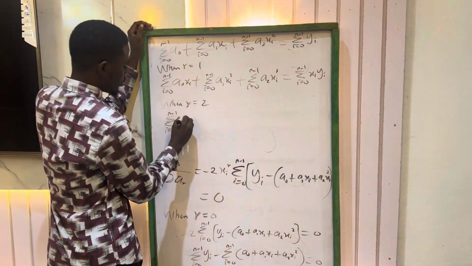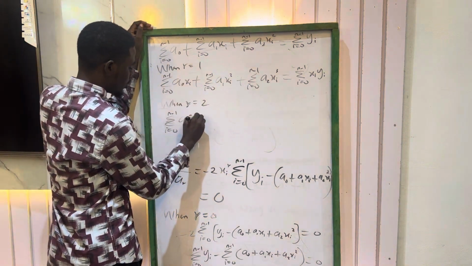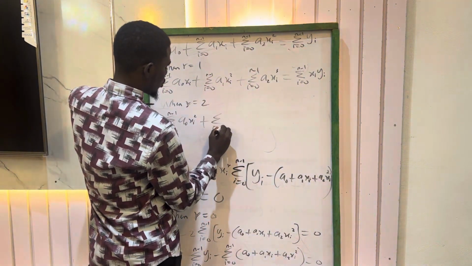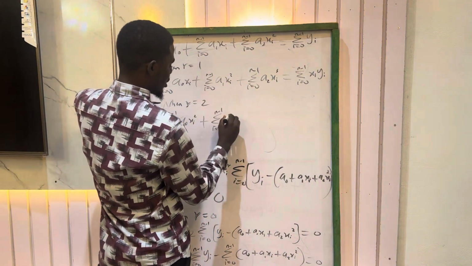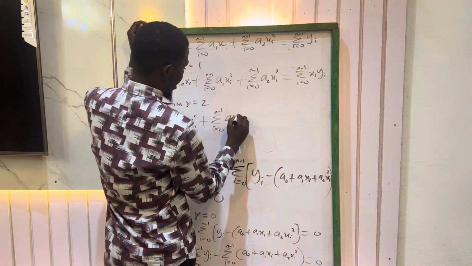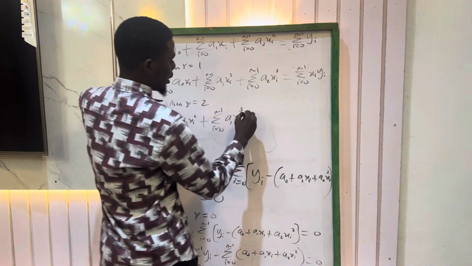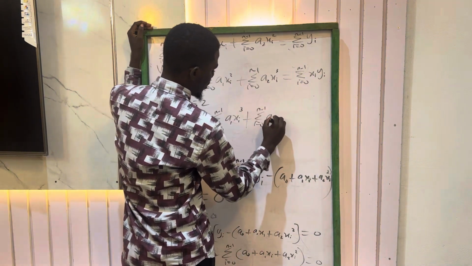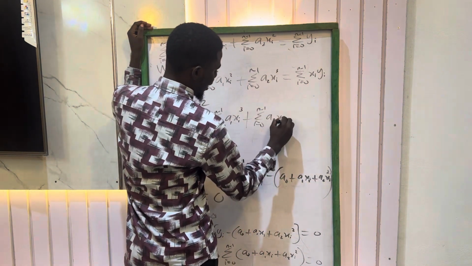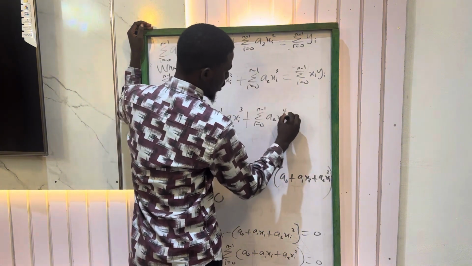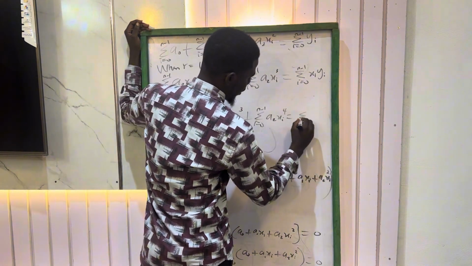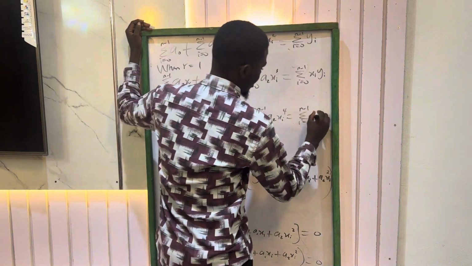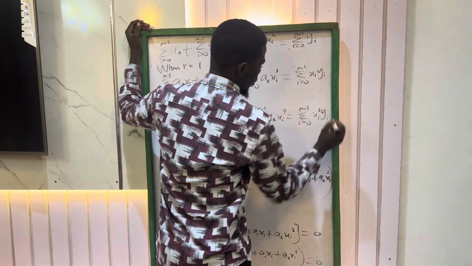So that's going to be a naught xi squared, then plus the summation of i equals 0 to m minus 1, then a1 multiplied now by xi cubed, then plus summation of i equals 0 to m minus 1, then multiplied by a2, then xi raised to the power 4, and it's going to be equal to the summation of i equals 0 to m minus 1 of xi squared yi.